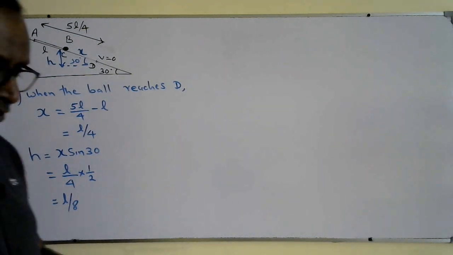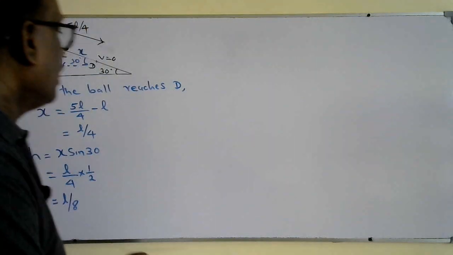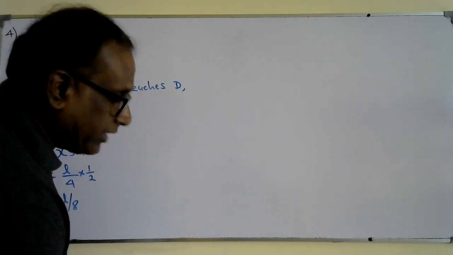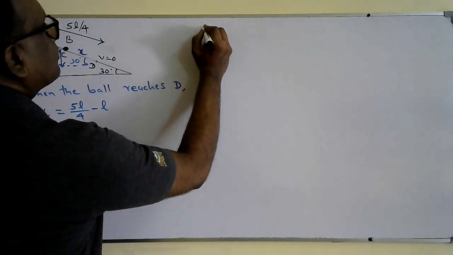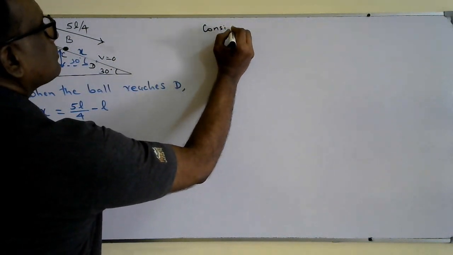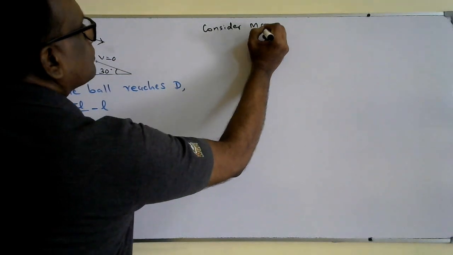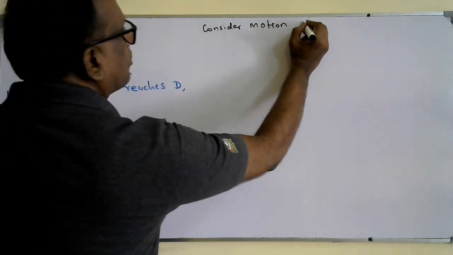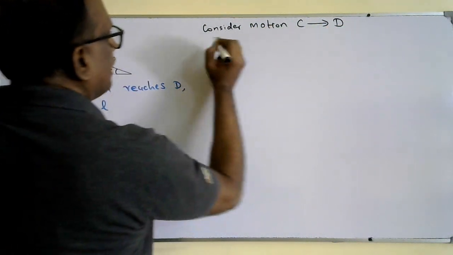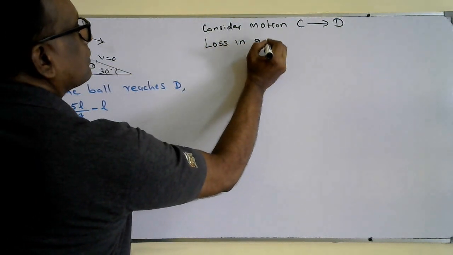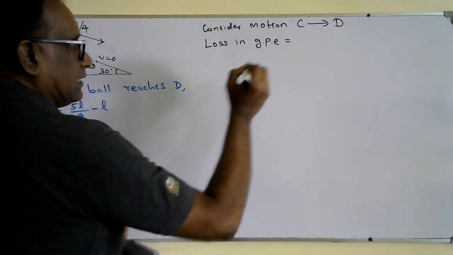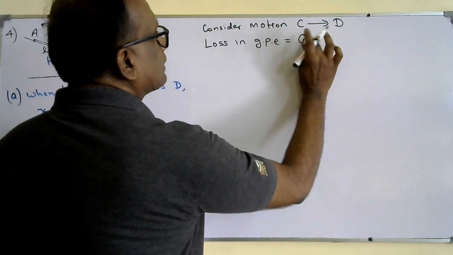Okay, so as I told, I'm going to write that energy equation. Finally, when we consider the motion from C to D, loss in GP equals gain in elastic potential energy.